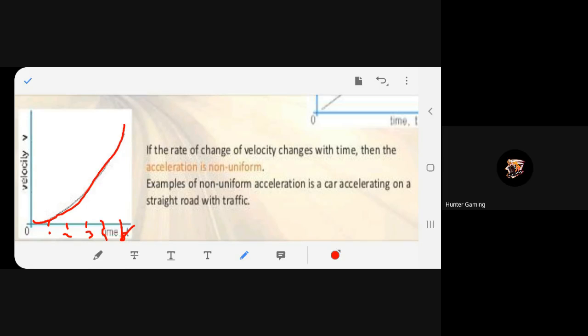So obviously the acceleration is non-uniform. The example you have observed is a car moving on a road with traffic. Sometimes it moves, then it stops, then it moves slowly, then it moves fast, then again it stops. If there's a traffic signal, it has to stop. So it is non-uniform acceleration. Any problem? Tell me.